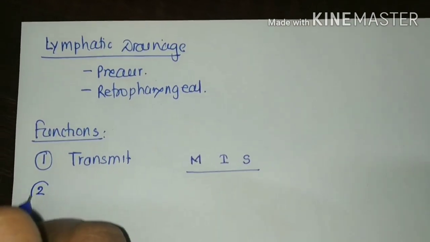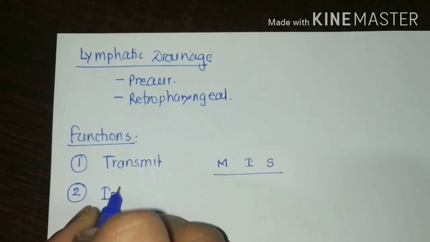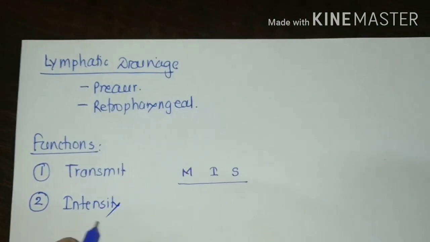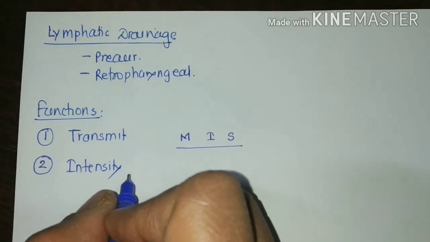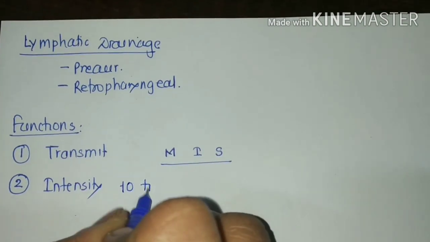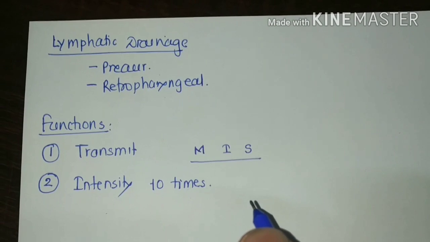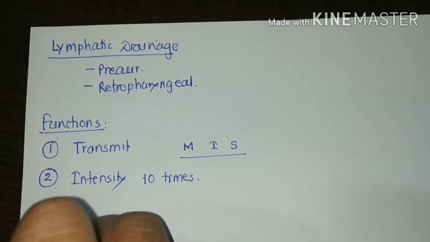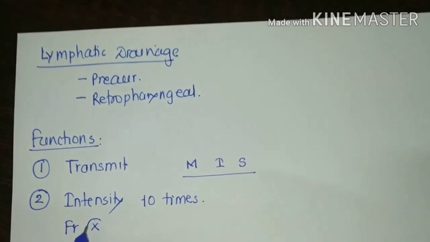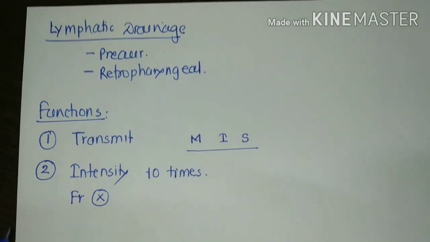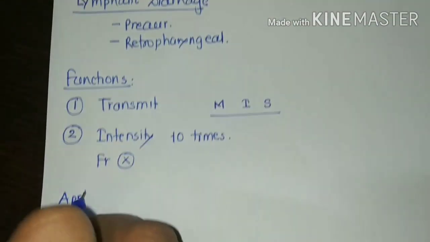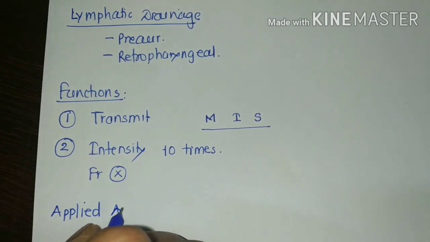The second function is to increase the intensity of sound wave by 10 times. So the intensity of sound waves is increased 10 times by the ossicle, but frequency does not change.